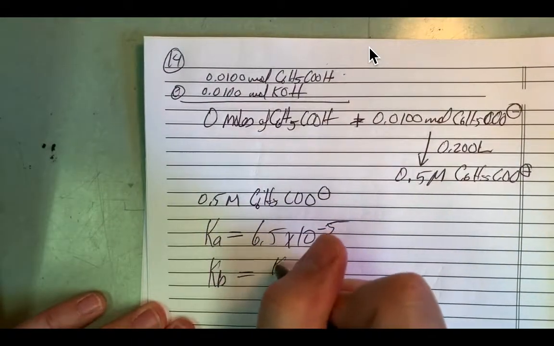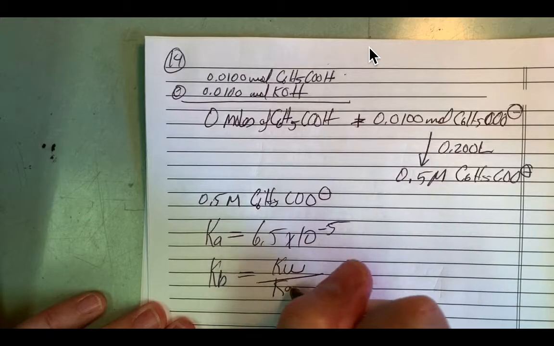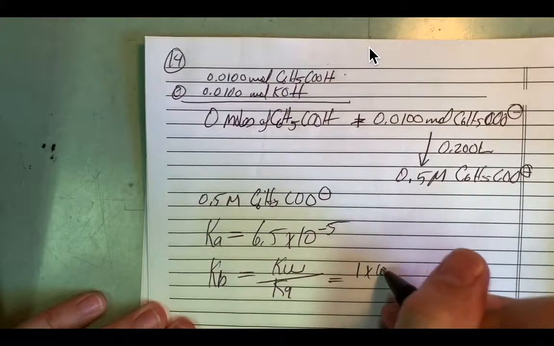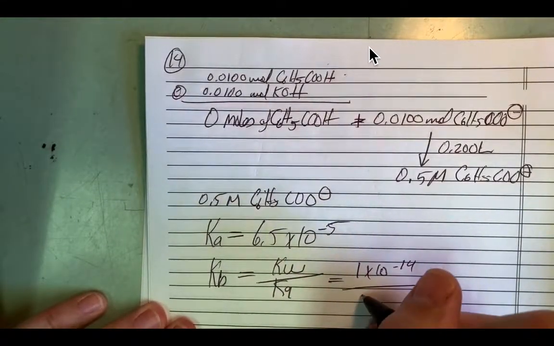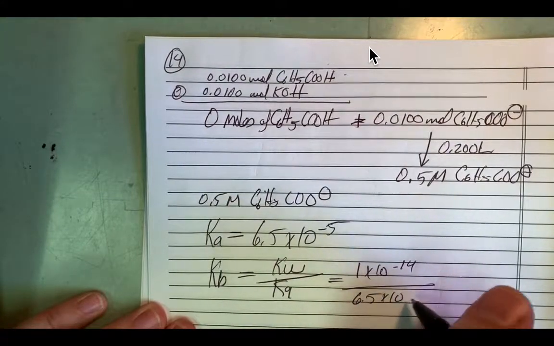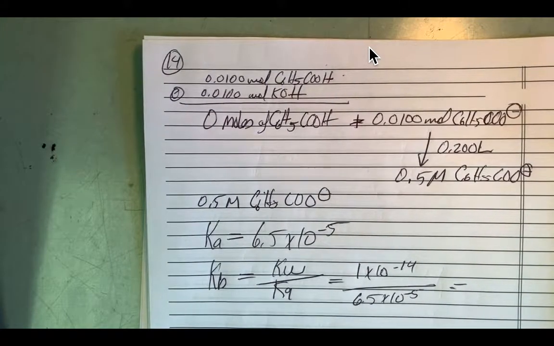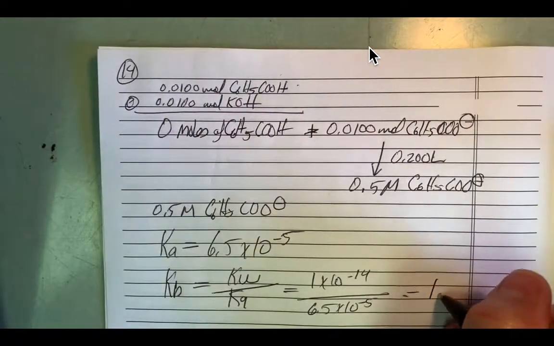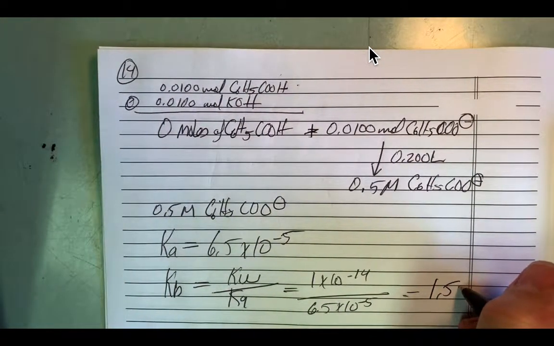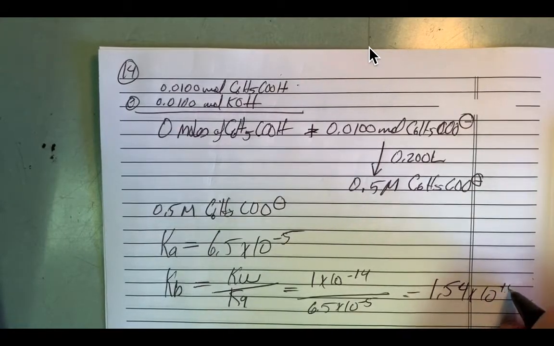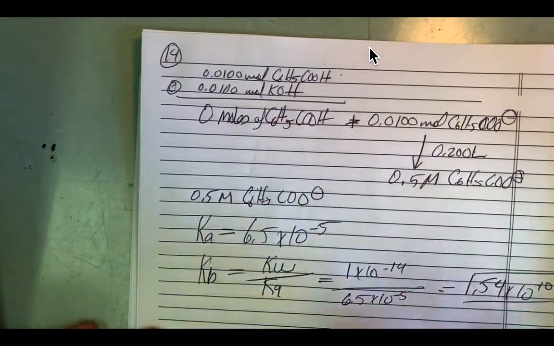Kb is Kw divided by the Ka. Okay, 1.54 times 10 to the minus 10. That's our Kb.